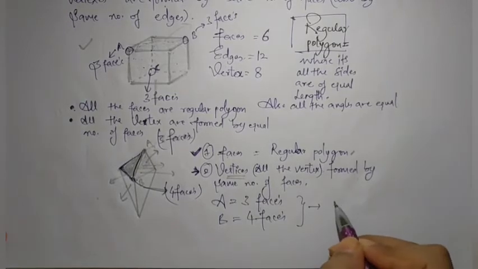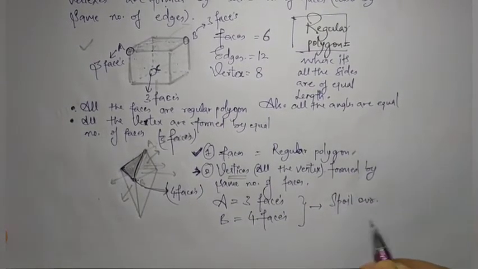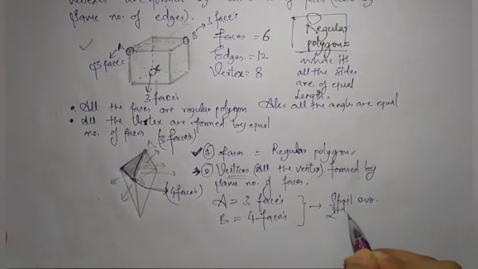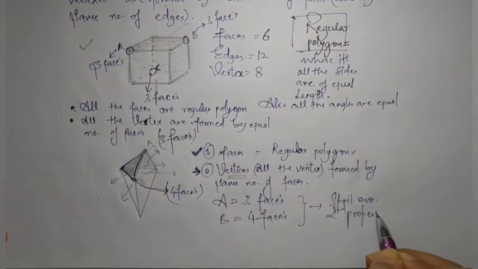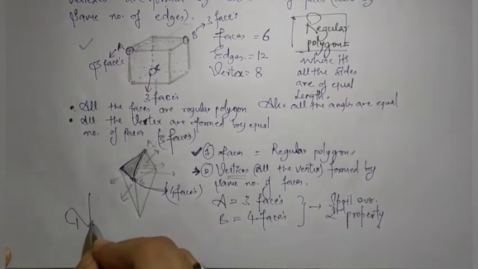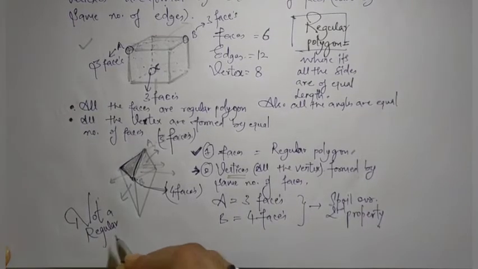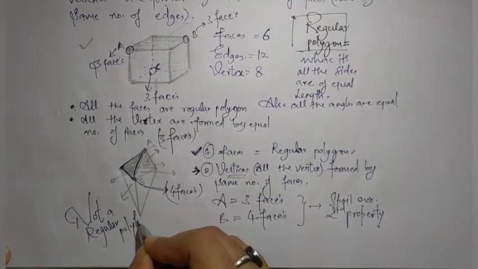So this spoils our second property. That's why it is not a regular polyhedron.